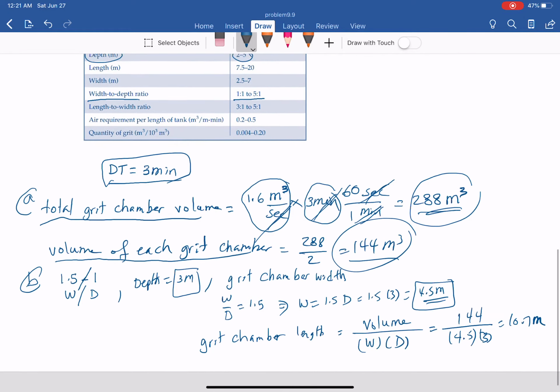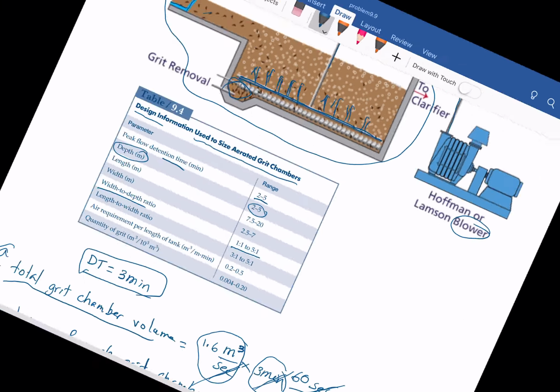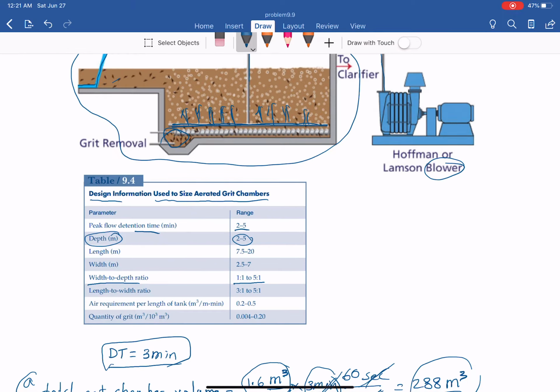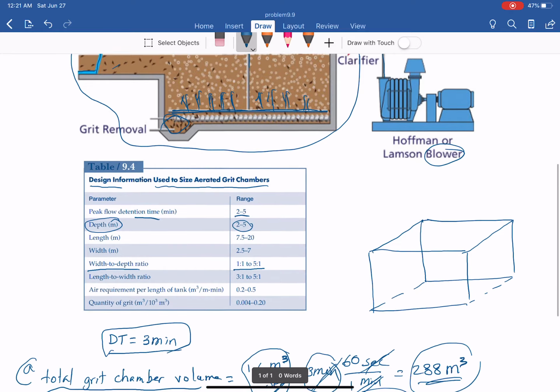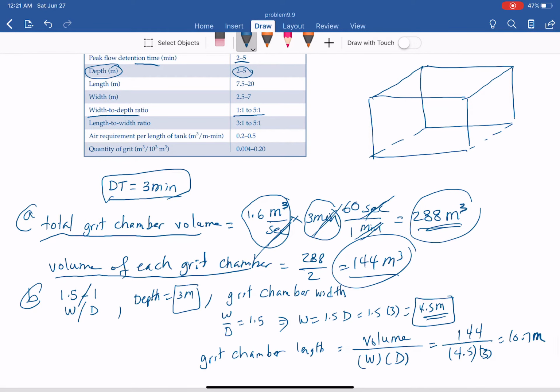Which means that if you look at the aerated grit chamber, it will be something like this, and you can see that the width was 4.5 meter.